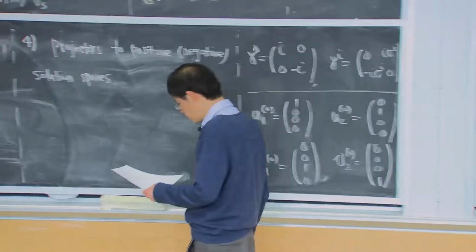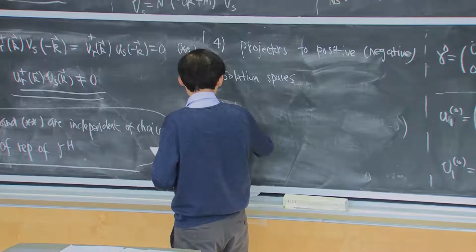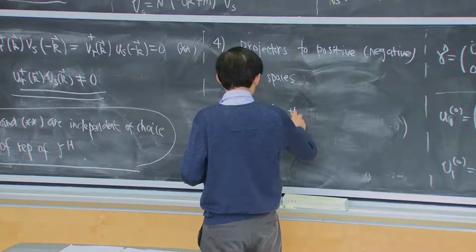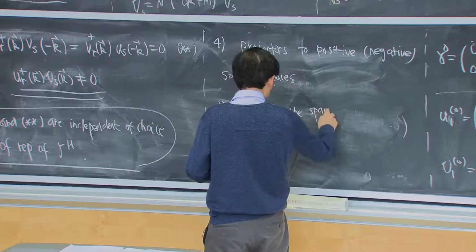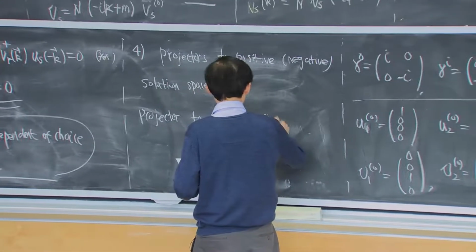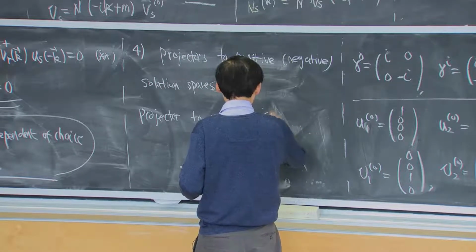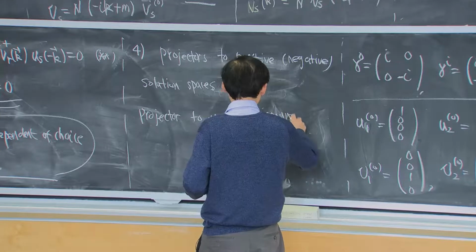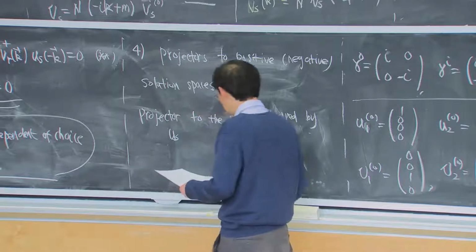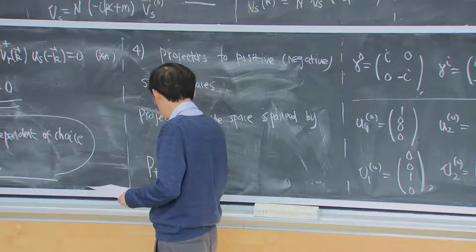So consider the projector to the space spanned by the u_s, which can be defined as follows. Let me call it P plus.